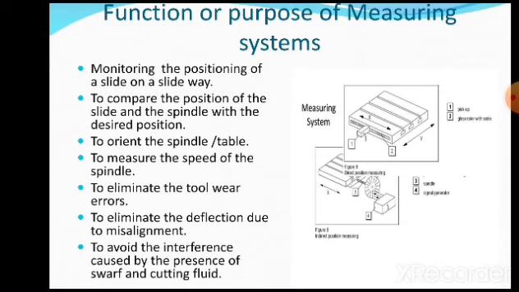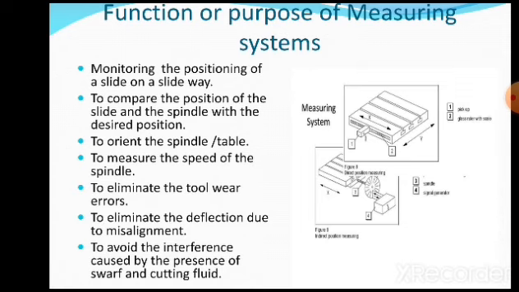The operator is not going to take out the cutting tool or the tool bits to check the cutting ability of the tool. There is an automatic monitoring system for tool wear and tool breakage, which we are going to discuss at length in the subsequent presentation.